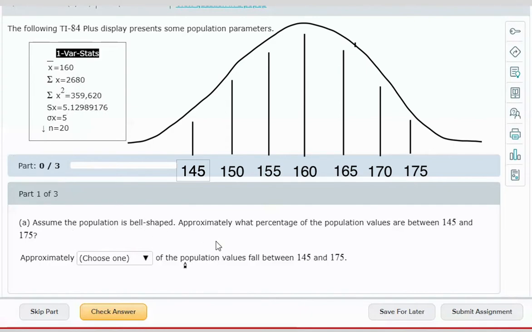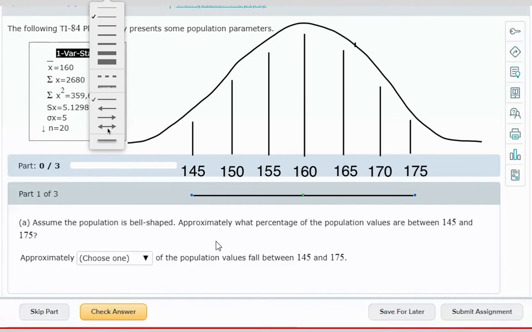So in this case, population values fall between 145 and 175. That is between the leftmost line that we drew and the rightmost line that we drew. Those lines always correspond to all or almost all, is how they write it in there.